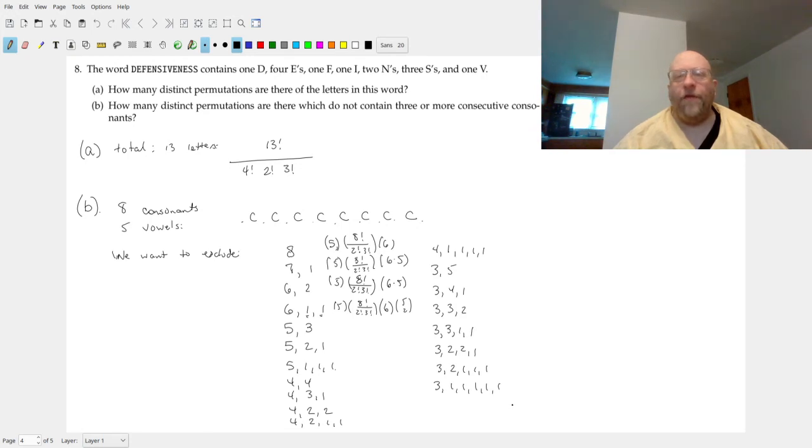It might be easier to count the cases in what we do want. How would that work? We have 6 slots to place consonants among the 5 vowels.